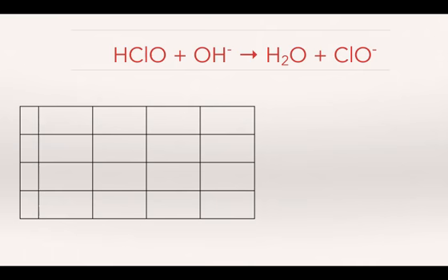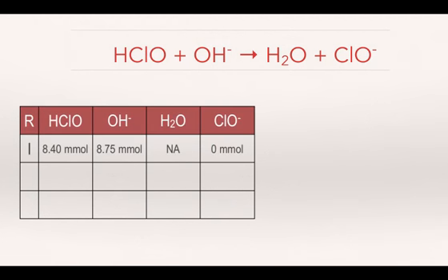So in our reaction, we have our hypochlorous acid reacting with excess base, producing water and hypochlorite ion. Our initial values are going to be that we start off with 8.40 millimoles of hypochlorous acid. We have 8.75 millimoles of hydroxide and nothing for our hypochlorite ion.